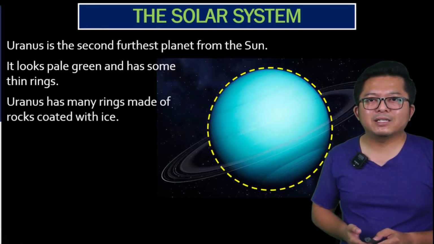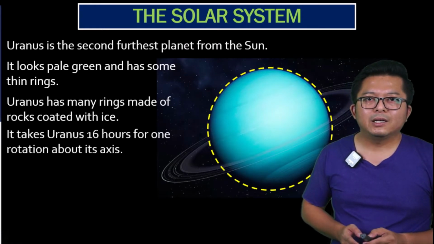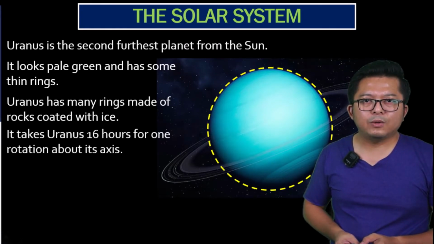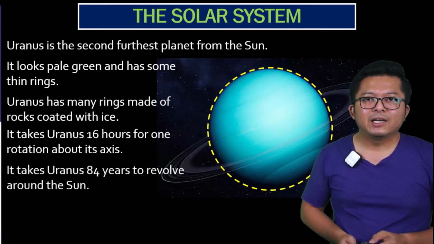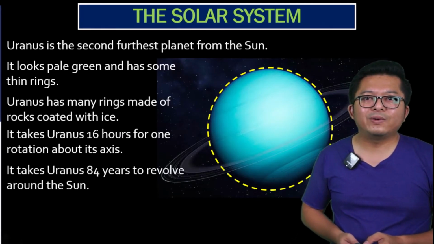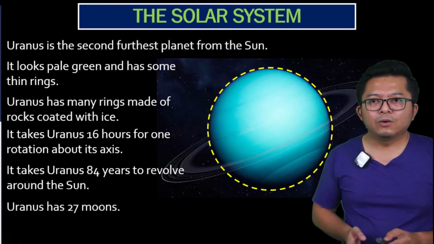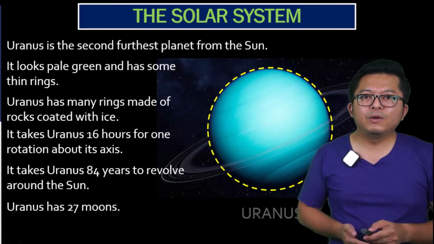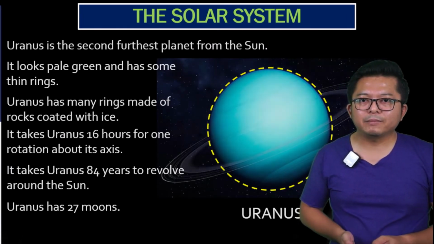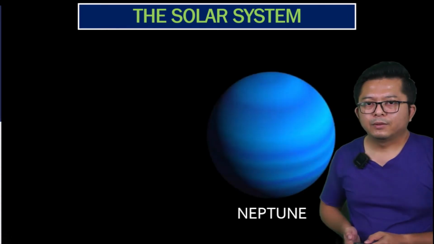Uranus has many rings made of rocks coated with ice. It takes Uranus 16 hours for one rotation about its axis. It takes Uranus 84 years to revolve around the sun. Uranus has 27 moons.